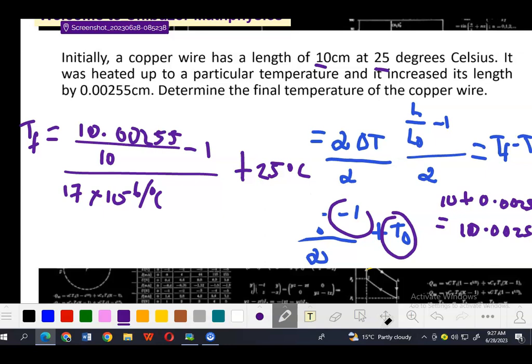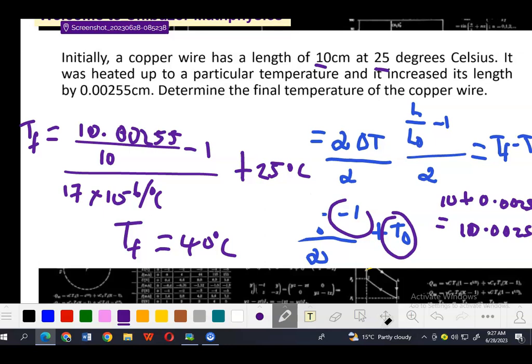It is 10.00255 divided by 10 minus 1, and all this divided by the thermal coefficient alpha, which is given as 17 times 10 to the negative 6 per degree Celsius, plus 25. You will get your final temperature to be 40 degrees Celsius. And this is how you compute questions related to thermal expansivity.